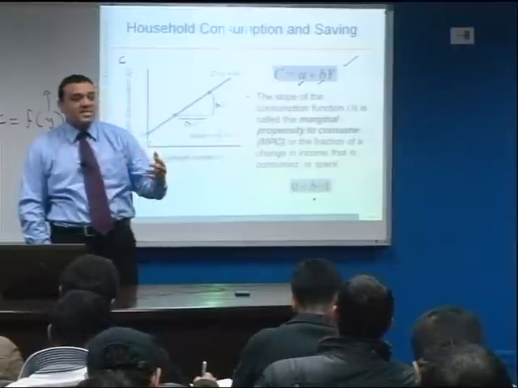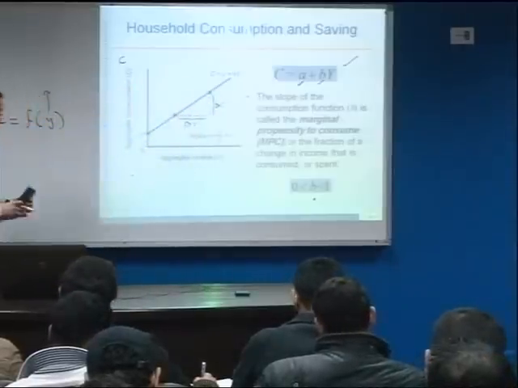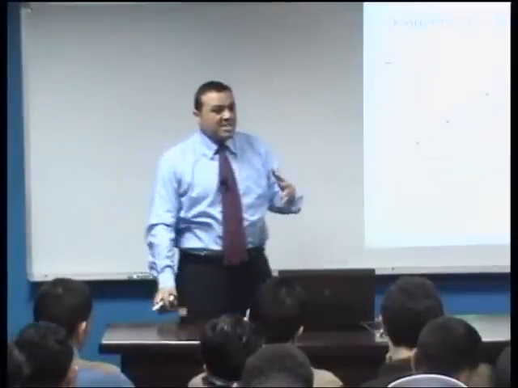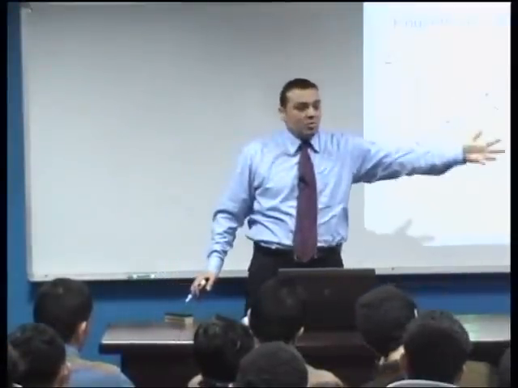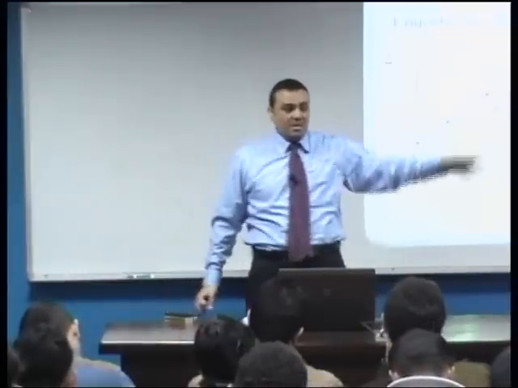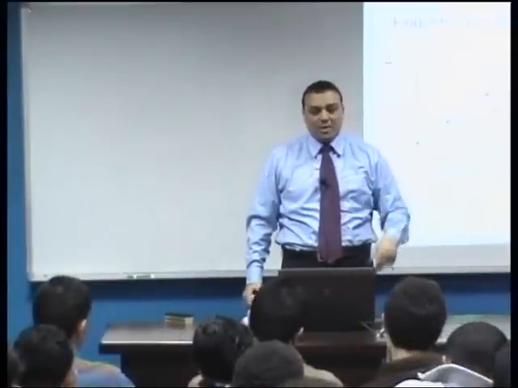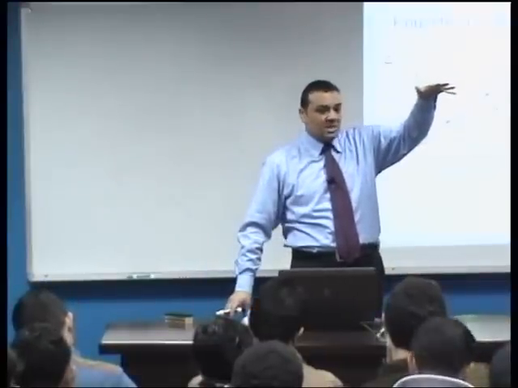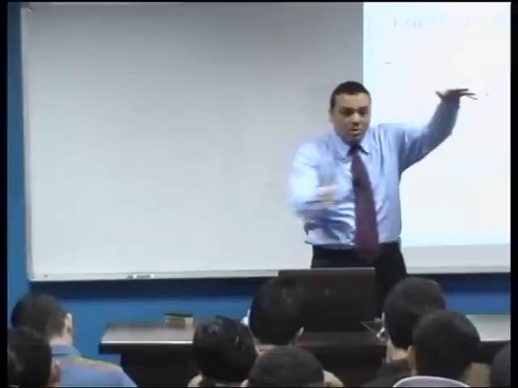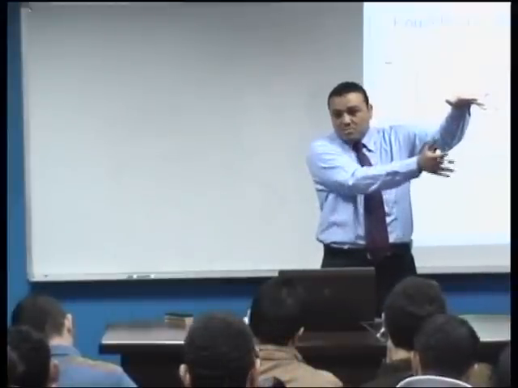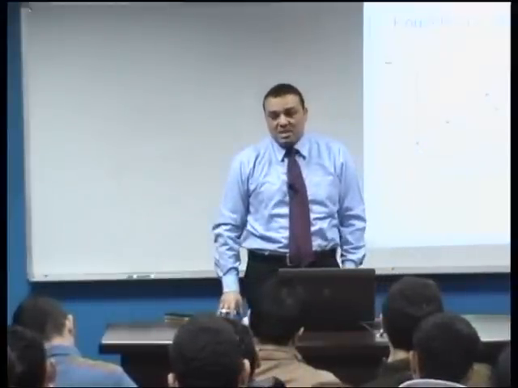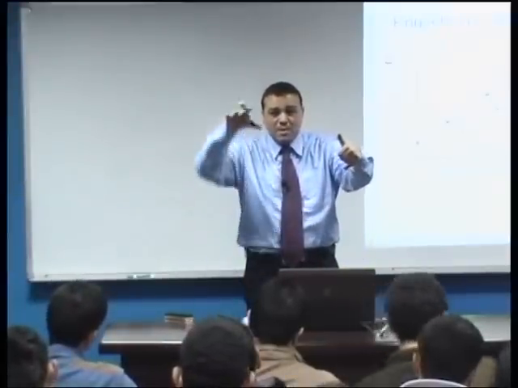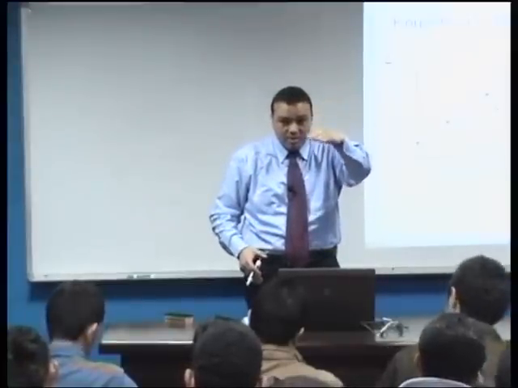Suppose that of the increase of $100 in your income, you used all of this amount for saving. In this case, MPC equals what? 0, right? The maximum amount of MPC: suppose that you use all of this $100 for consumption, how much is the MPC? One, right? Or 100%. 100 over 100 equals 1.